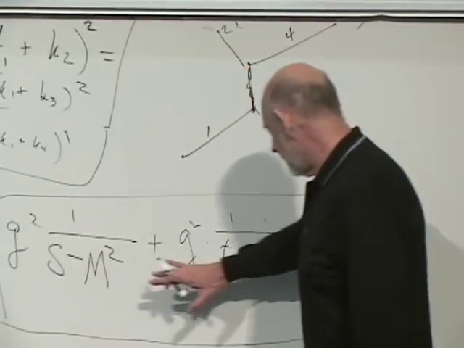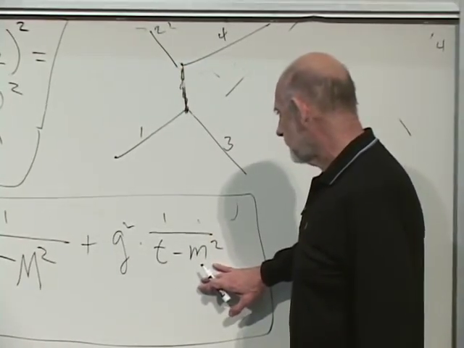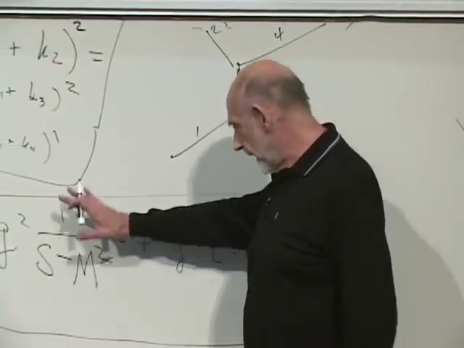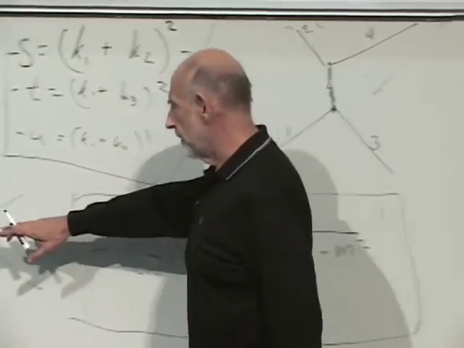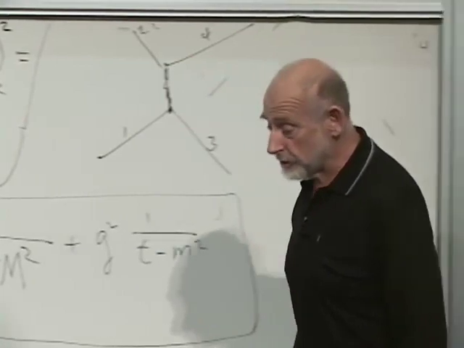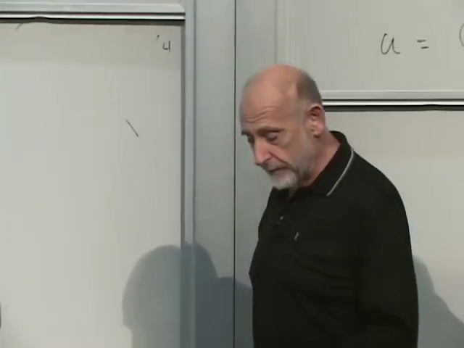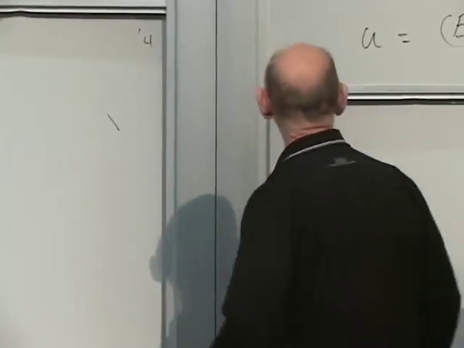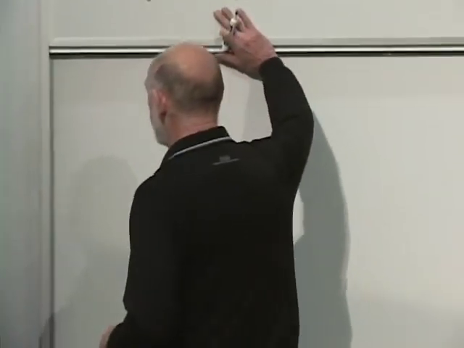Just replaced this combination here with, but not just one particle, but many of them, whole towers of them, with a formula which I will write down, and you can explore its great beauty. This is of historical interest mainly.